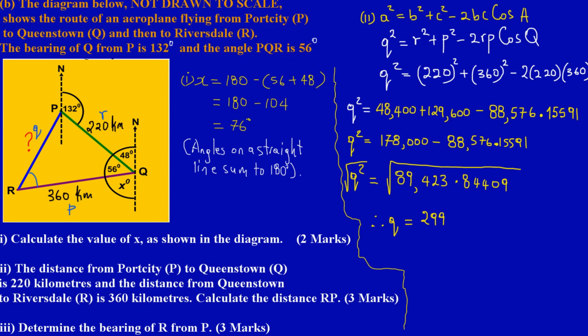So now we must make our statement that RP, which they ask us to calculate, is equal to 299, and that's in kilometers. We must place our units. It's very important. So basically guys, that's it in regards to this question. In the next video we'll be looking at part 3. Okay, bye bye.